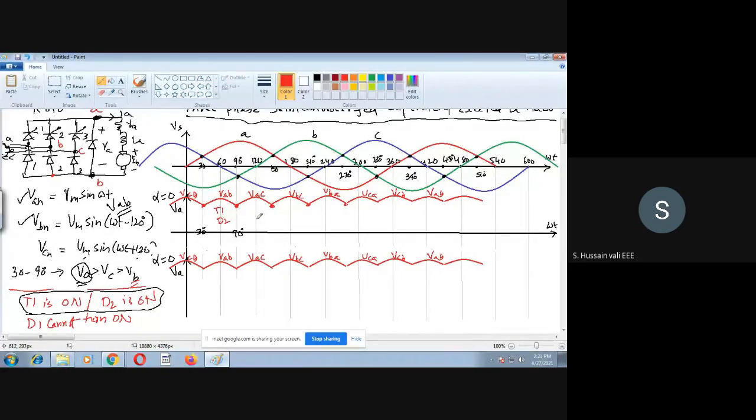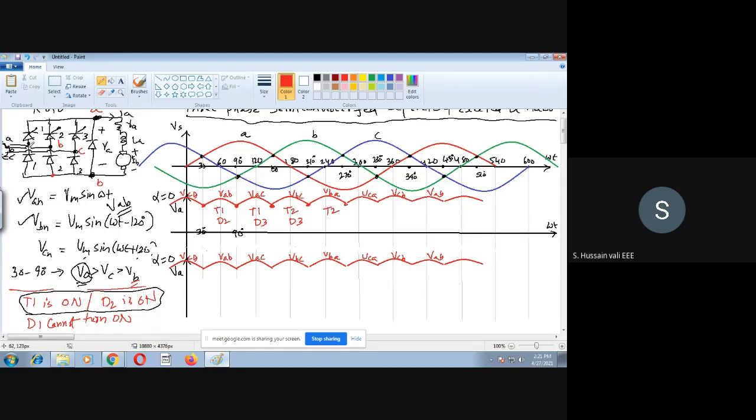VAC means T1, and C means D3. VBC means T2. You only have to see, when B is there, which thyristor is connected? B2, so T2. For C, which diode? D3. Then VBA: for B, T2 is connected.